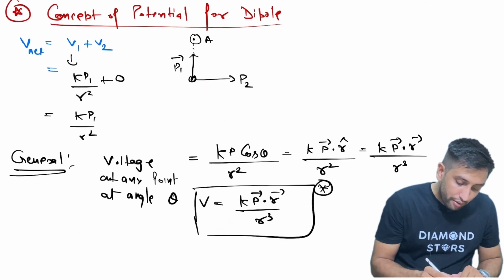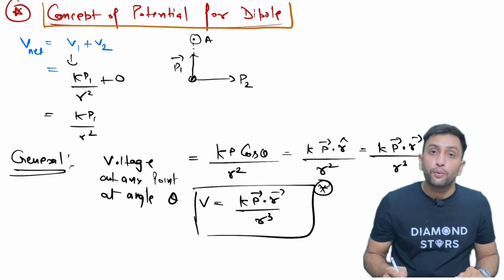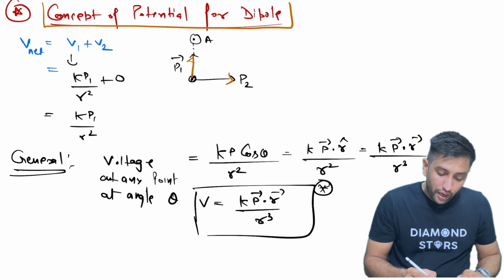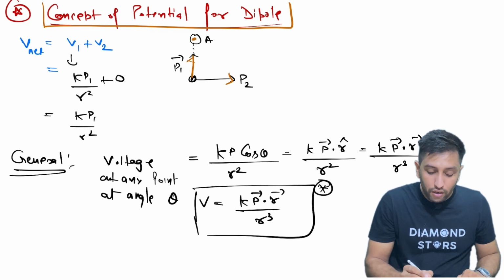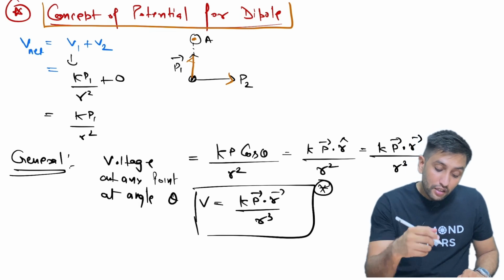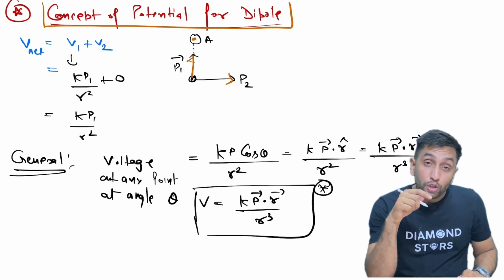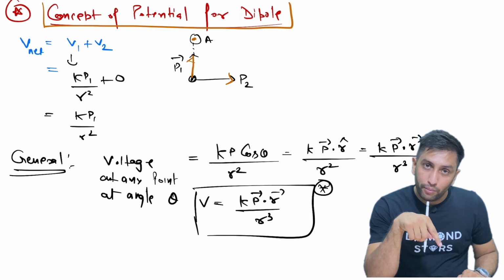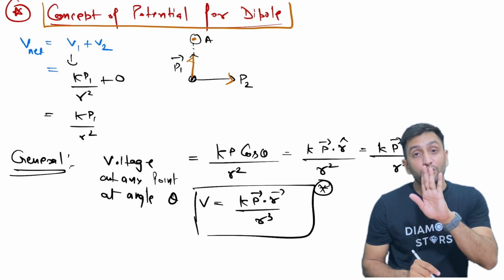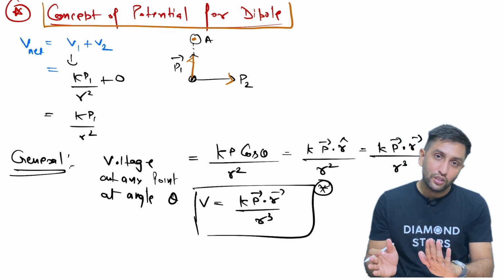Now yes, I have written here the concept of potential for the dipole. If this is P1 and this is P2, and suppose this is a point A where you are calculating the potential, you see that for P2, A is the equatorial point, and for P1 it is an axial point. Axial point पर potential होती है, equatorial पर नहीं होती है.